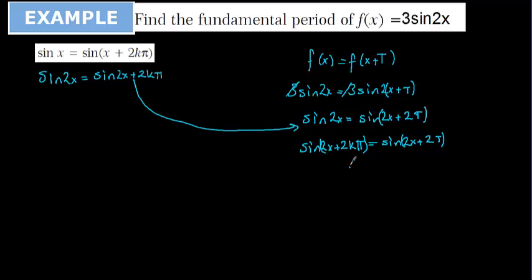It means that 2x plus 2k pi is equal to 2x plus 2T. So 2x and 2x on both sides we can simplify. 2k pi is equal to 2T. 2 and 2 you may simplify. Pi times k, or k times pi, is going to be our fundamental period.